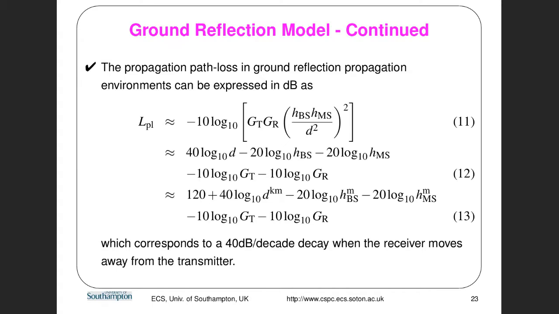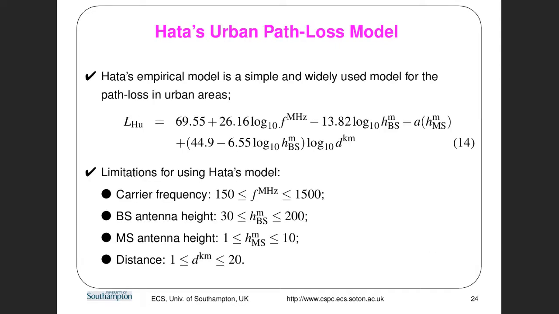So these models are more fixed, more deterministic. However, it's not always possible. So Hata's urban path loss model is actually more data-driven.